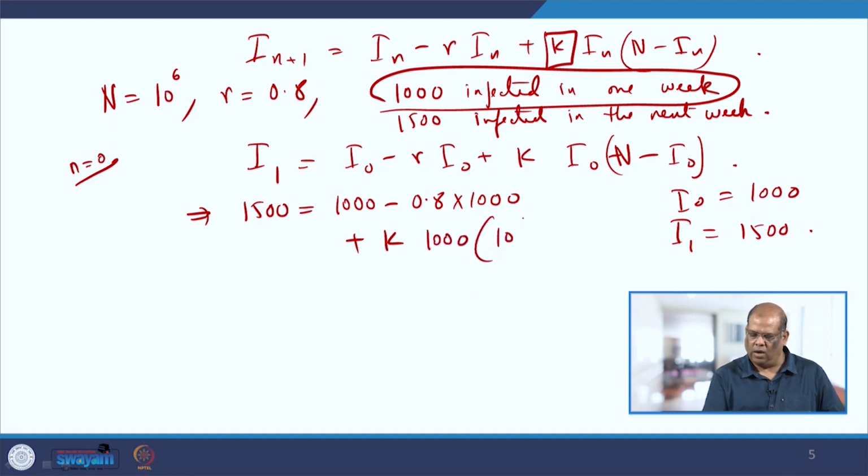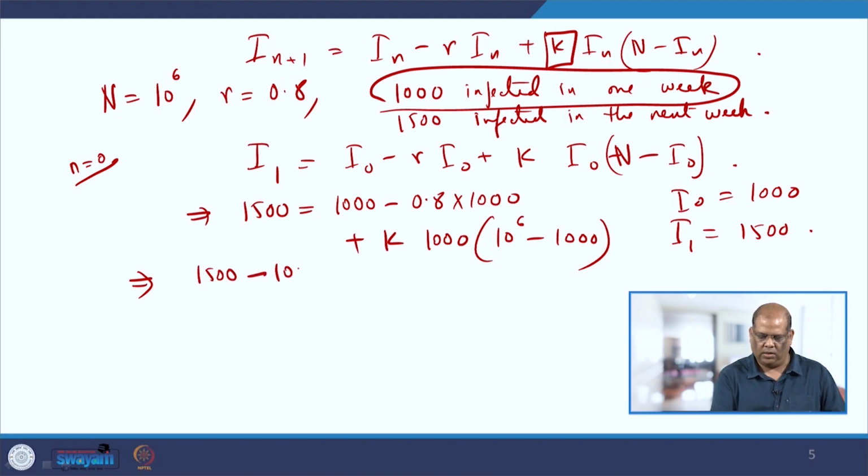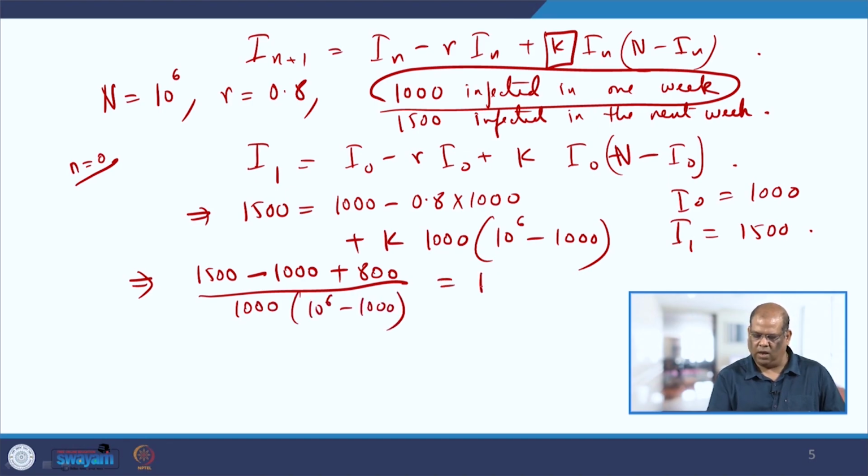So, I simplify this to get the value of k: 1500 minus 1000 plus 800 divided by 1000 into 10 to the power 6 minus 1000, and that gives you the value of k.